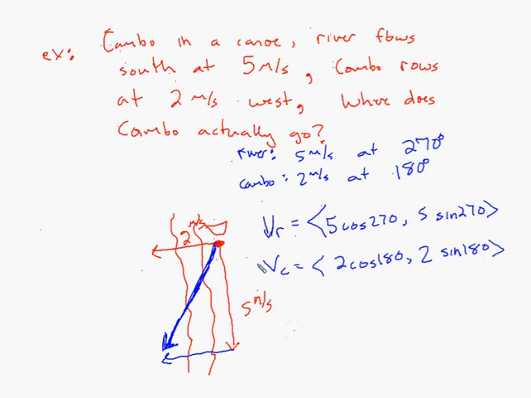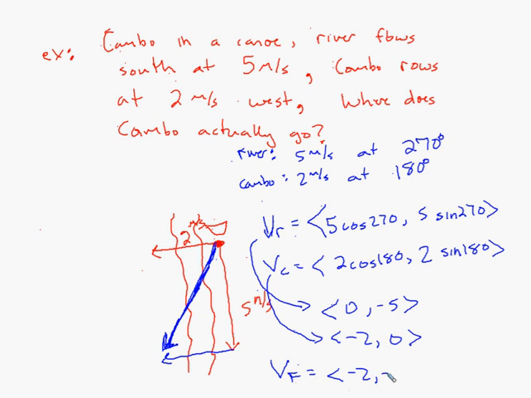In the end, the river's velocity is 0, -5, and Cambo's is -2, 0. Then we add them, so our final velocity is -2, -5.